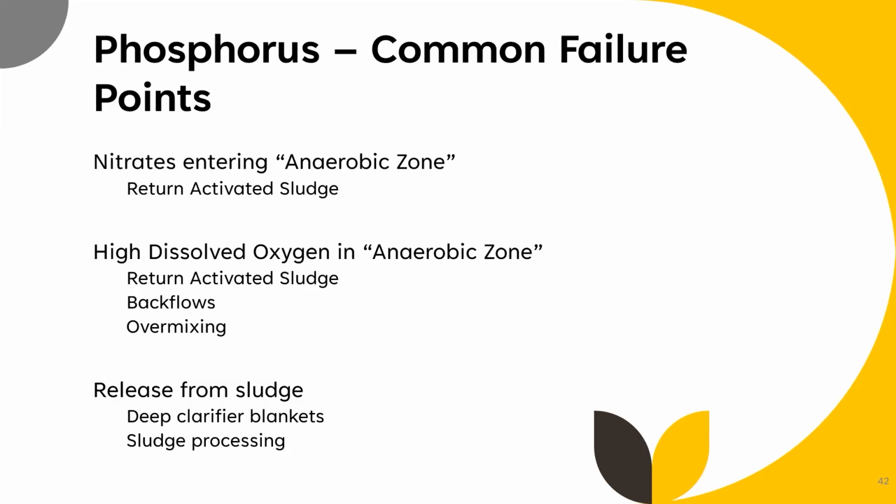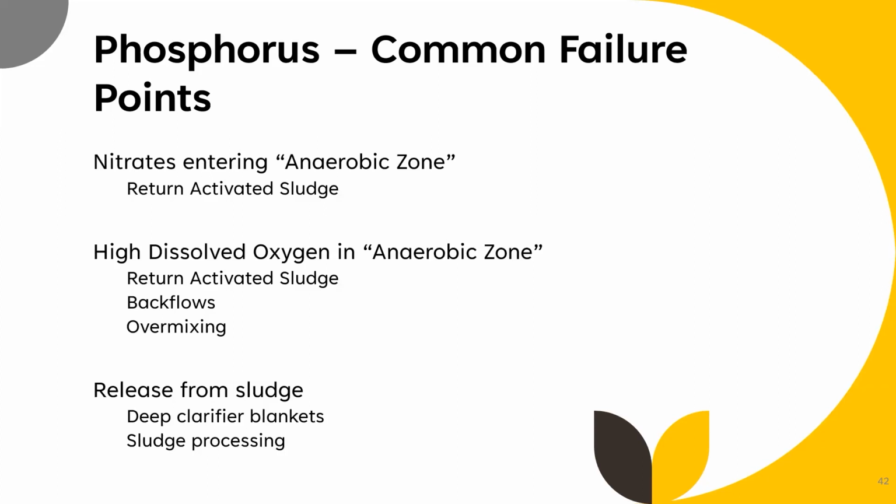I have seen facilities with relatively poor partitioning between basins have backflows from their aerobic zone into their anaerobic zone. And then probably most commonly, I see overmixing of the anaerobic zone, making it more an anoxic zone by entraining some of the air from the atmosphere through overmixing.